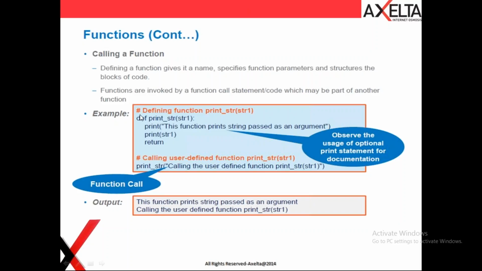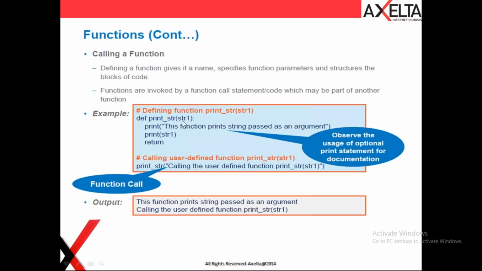For example, here I am defining a function print str, and the parameter is str1. This function is printing one statement, and it is also printing the value that str1 is holding. At the end, I am calling this function by passing some value to str1, the content calling the user defined function print str.